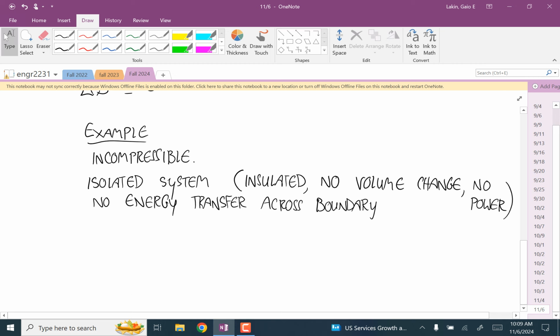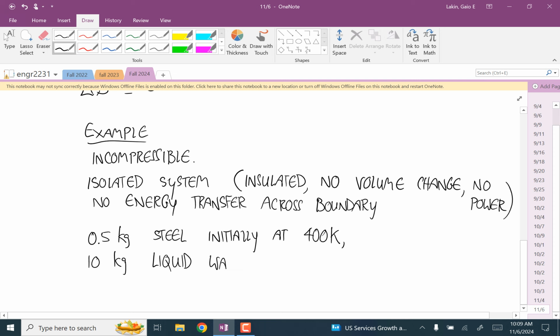And let's say we have 0.5 kilograms of steel that's initially at 400 Kelvin, and 10 kilograms of liquid water that's initially at 283 Kelvin.